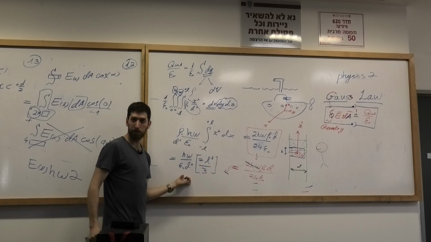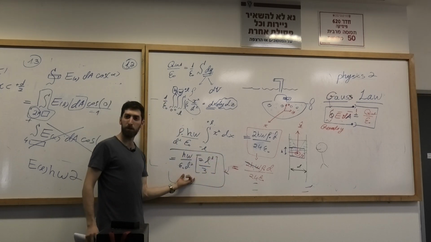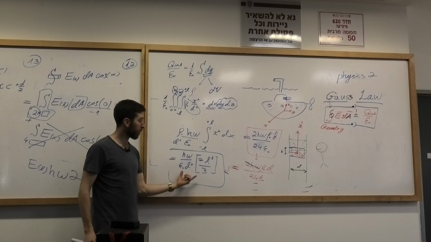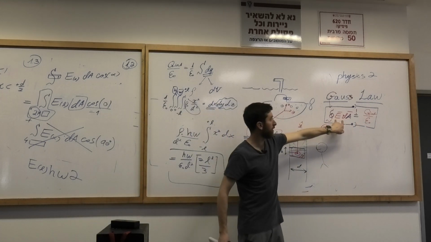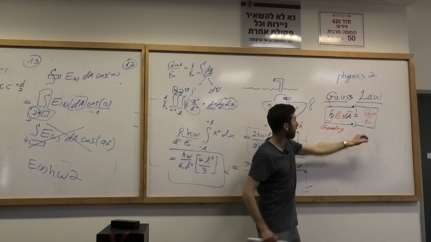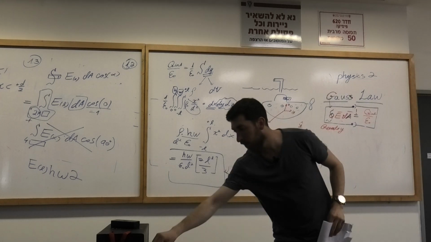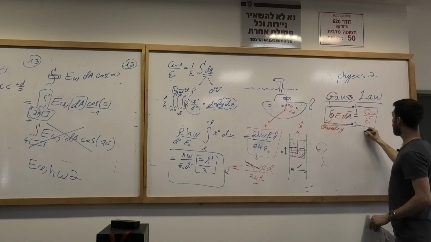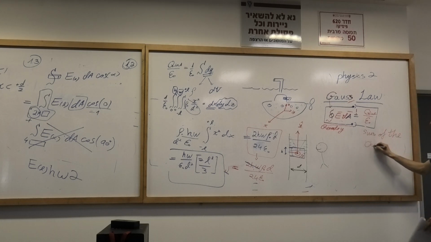Okay? And now what's the idea of Gauss's law? What do we need to do right now? The other side. Exactly, we're going to compare this thing that we just found with what we know. I think about it as G is the geometry side, and S is the sum of the charge.